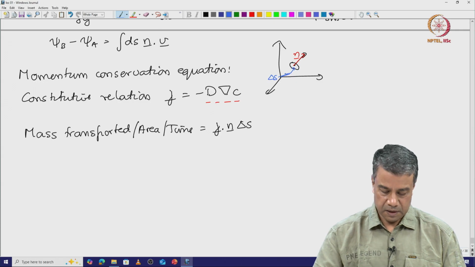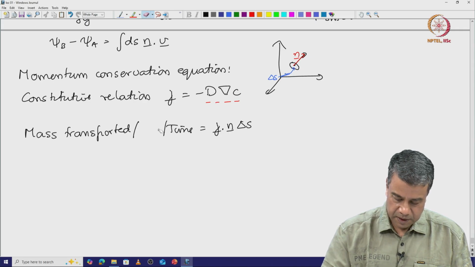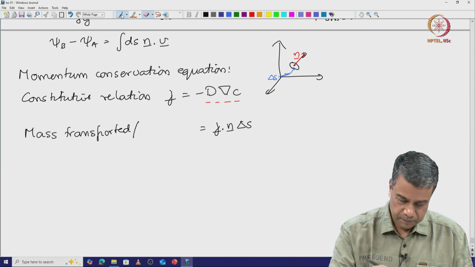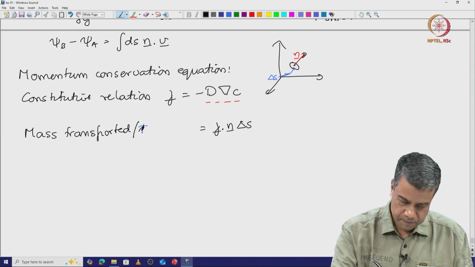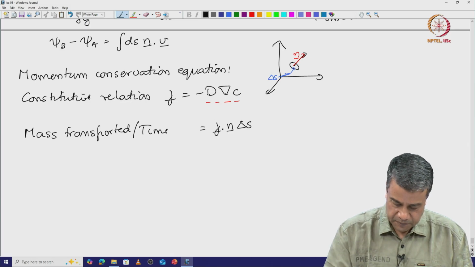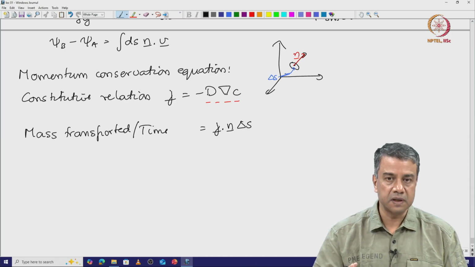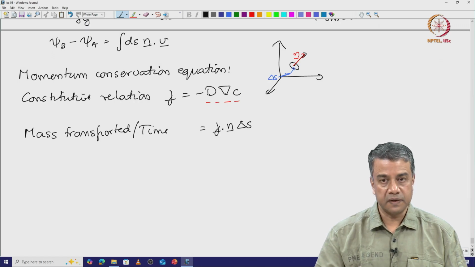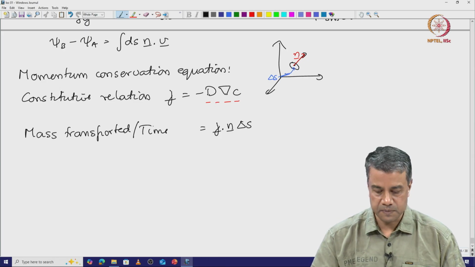So, the mass transported per unit time is equal to J dot n times delta s at a surface. So, the mass transported across the surface depends upon the orientation of the surface, it depends upon J dot n. However, the flux itself is independent of the orientation of the surface, it is uniquely defined at each point.